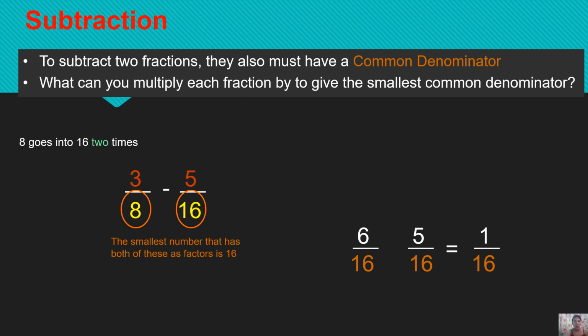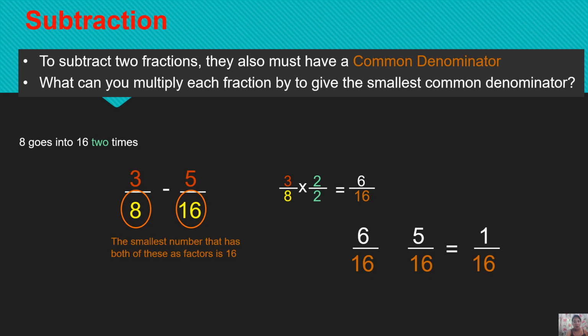So same ra atong buhaton, you have to make this 8 become 16. So ang atong buhaton i-multiply nato siya nga fraction og 2, both numerator and denominator. So 3 over 8 times 2 over 2 equals, and that gives you 6 over 16.